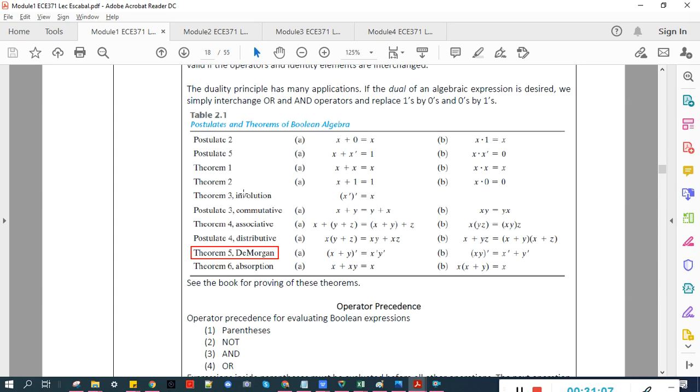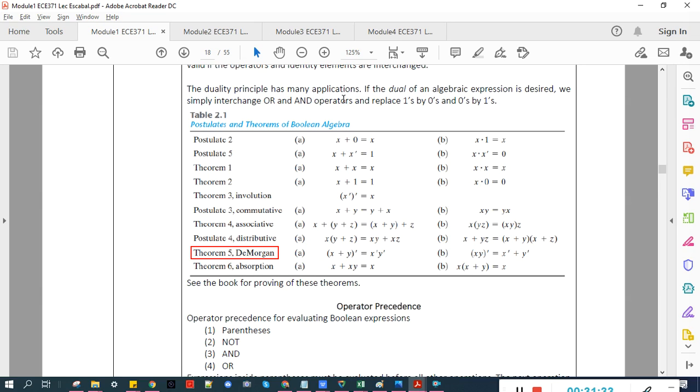It's called involution. Commutative, we change the order, so x or y is equal to y or x, or xy is equal to yx. Associative, x or the quantity y or z is equal to the quantity x or y, then or z.